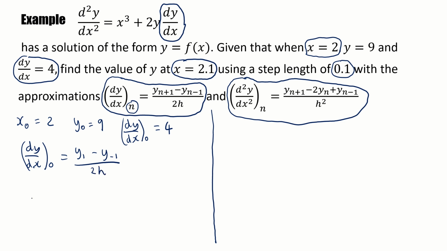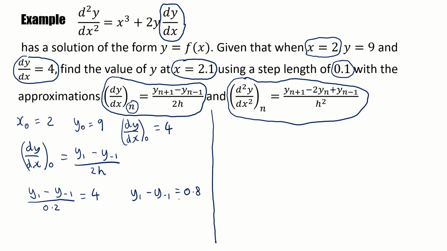So for this scenario that would give us the formula y1 minus y minus 1, both things we don't have because we've got y0, divided by 2h, which is 2 times 0.1, so 0.2, equals our dy/dx value of 4, leading to the equation y1 minus y minus 1 equals 0.8.